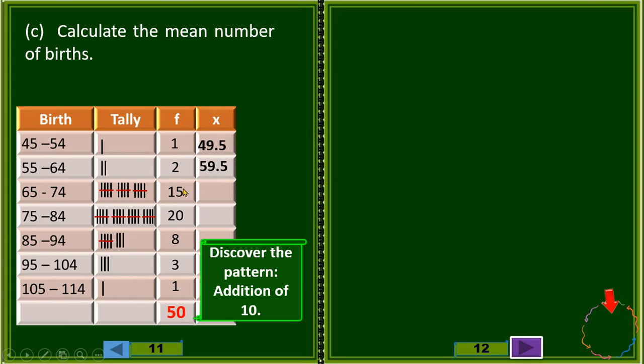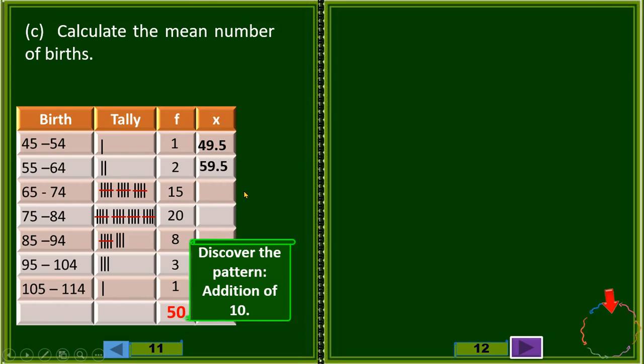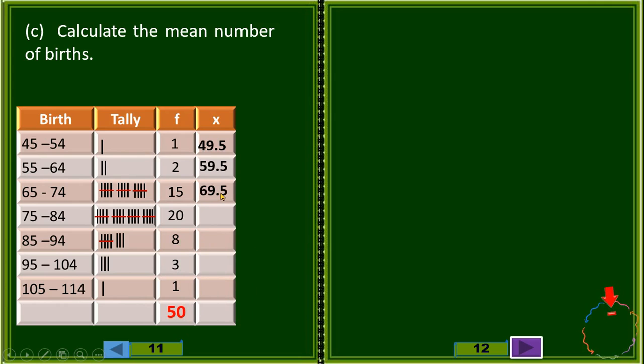So if the size of each class is 10, that means if I add 10 to 49.5, I have 59.5. Then I'll add 10 to 59.5. It will give me 69.5. So the pattern is continuous addition of 10. So now add 10: 79.5, 89.5, 99.5, 109.5. So now we have the class centers.